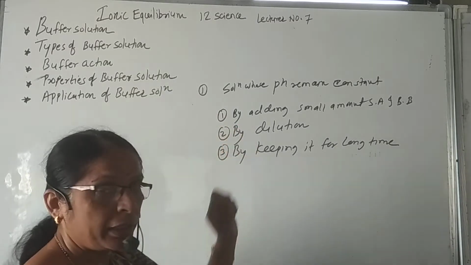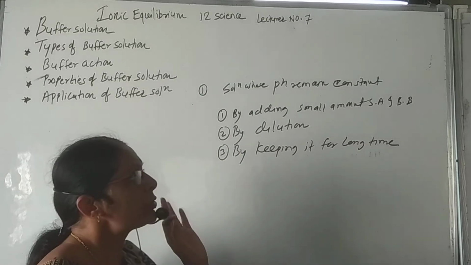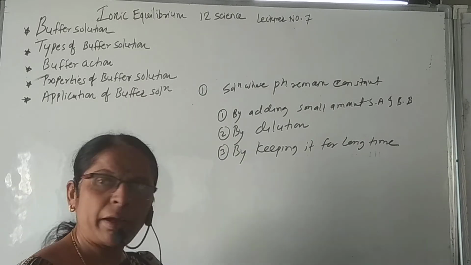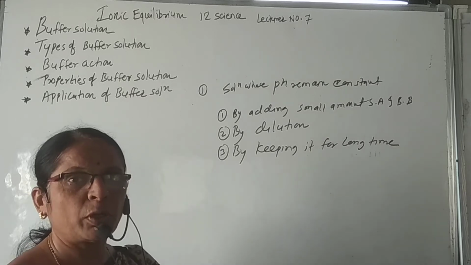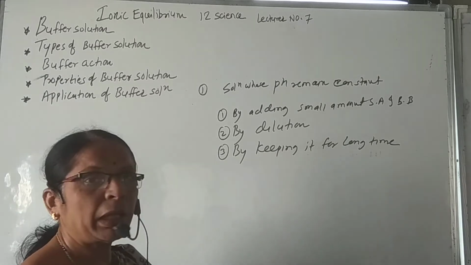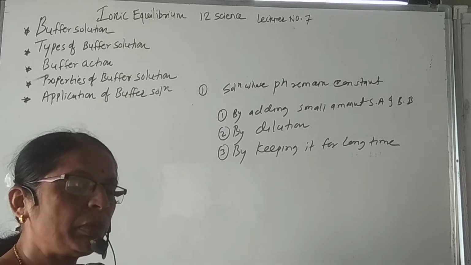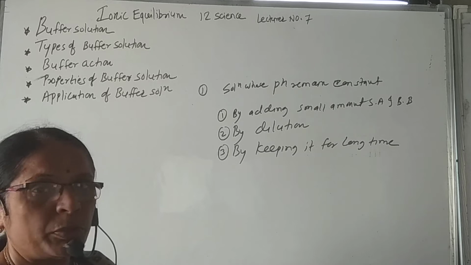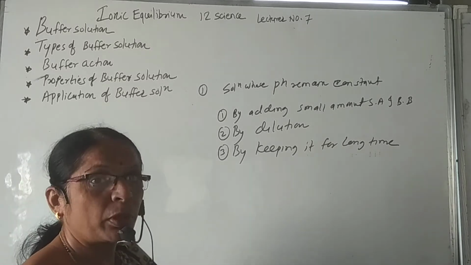First, by adding a small amount of strong acid or strong base. Second, by dilution, meaning if you add water, the buffer has no effect on the pH. And third, by keeping it for a long time. If you keep the buffer solution for a long time, it also has no effect on the pH of the solution. So these are the important properties of a buffer.